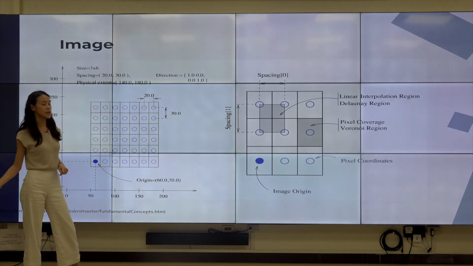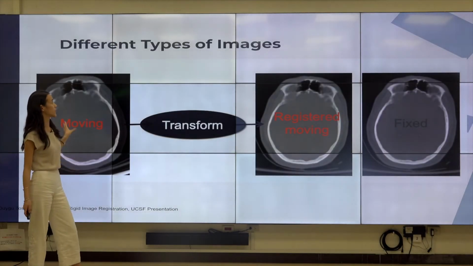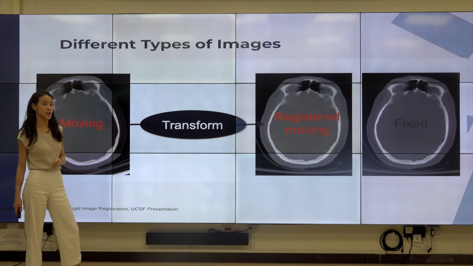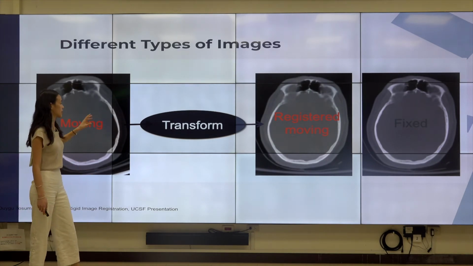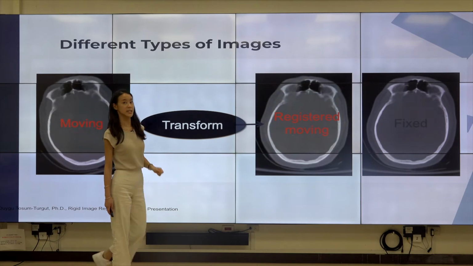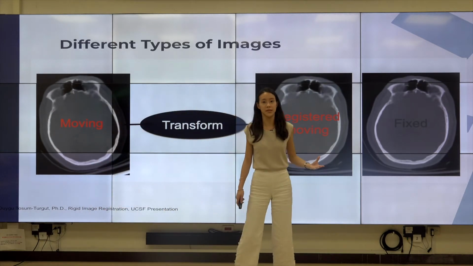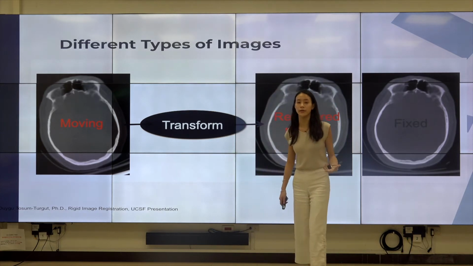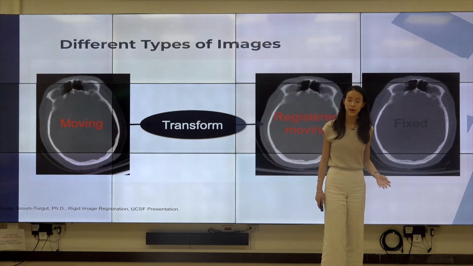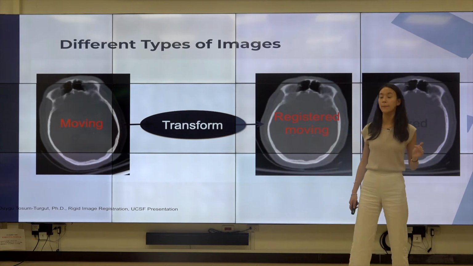And one thing to know as we're reading the images is that there are 2 different kinds of images when it comes to registration. There is a moving image and there is a fixed image. I'd like to refer to the fixed image as a reference image, something that the registration algorithm refers to every single time it is trying to register that moving image.